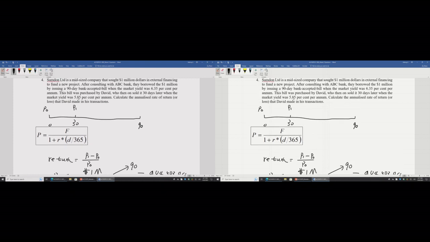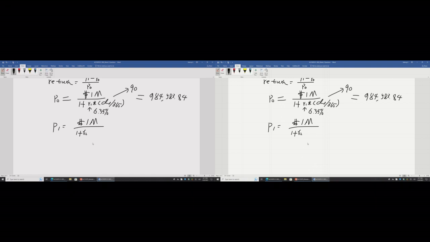It's 5.85%. You have to use the simple interest rate at that time point, the annualized simple interest rate. 5.85%, and then multiply by D2 over 365.